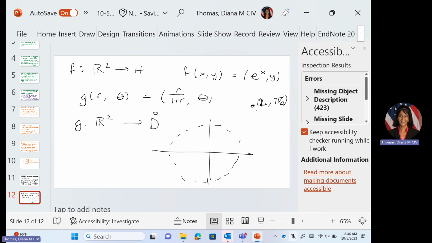If I take 2 here, the new radius would be r divided by 1 plus r. So that's 2 divided by 1 plus 2, which is 2/3. It's just going to map this point back down across pi over 4 to somewhere here. So you're literally taking every single point on the plane and moving it down into the unit disk. Which is pretty cool. I indeed have in my notes, it squishes the plane into the open unit disk.